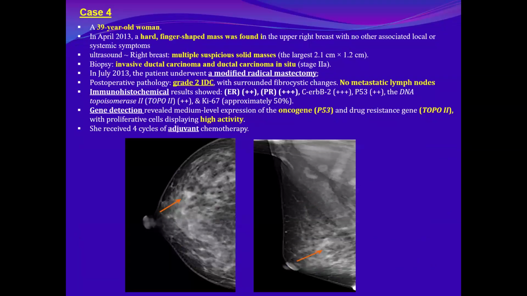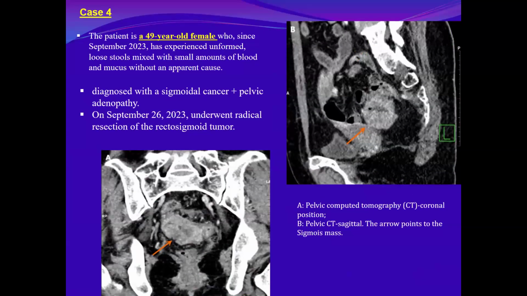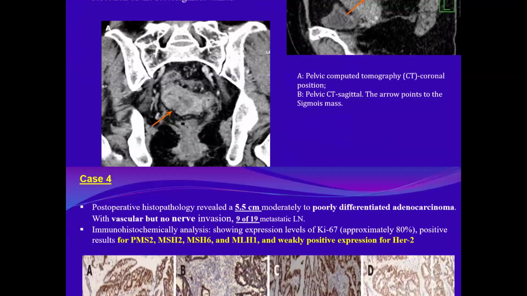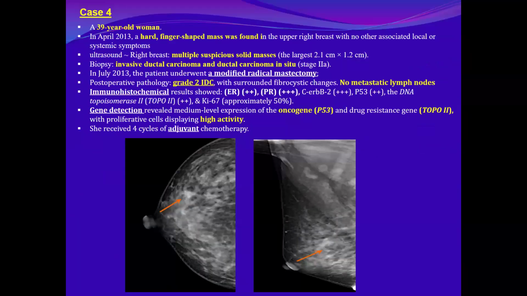So this patient, 10 years before, as we mentioned, is now 49 years old. When she was 39 years old, she presented with a hard finger-shaped palpable abnormality in her right breast. Imaging was highly suspicious.